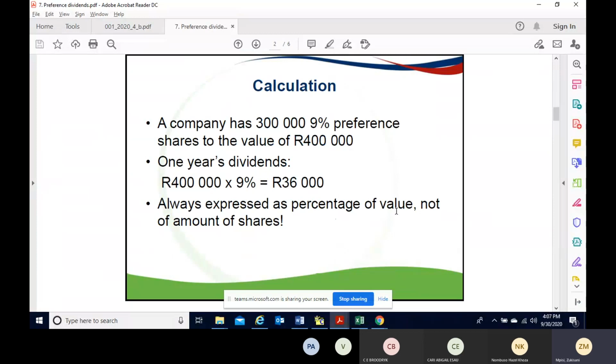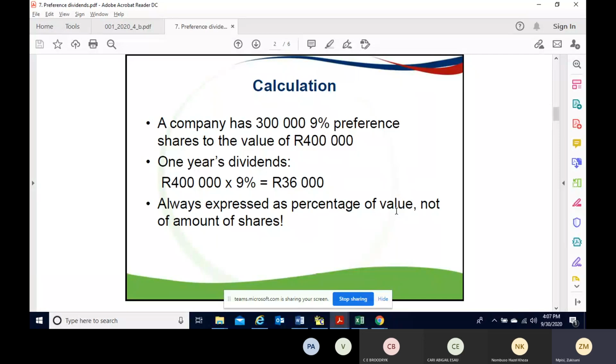Now, for preference dividends, it is different. The preference shareholding is normally expressed as a percentage of the value of the share. Which means the actual amount that you are paying as a dividend or receiving as a dividend is represented as a percentage of the value of the preference shares. So it's not the number of the preference shares, but the percentage of the value.